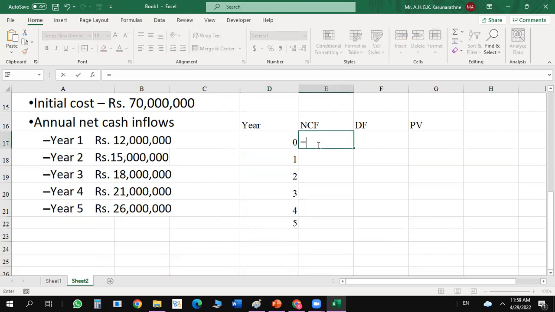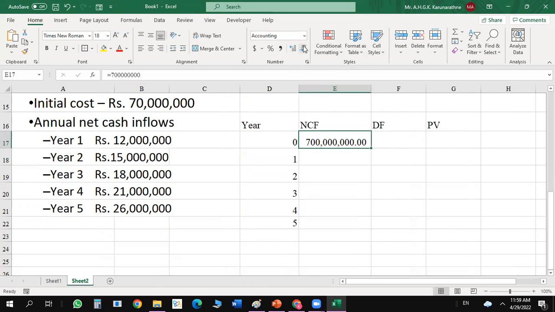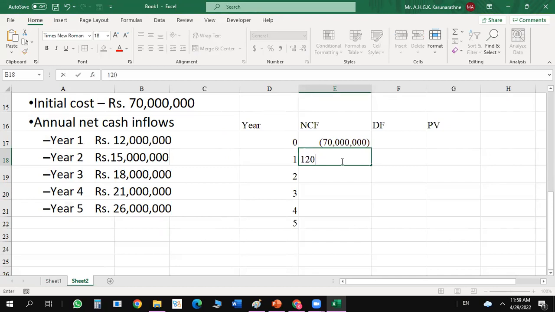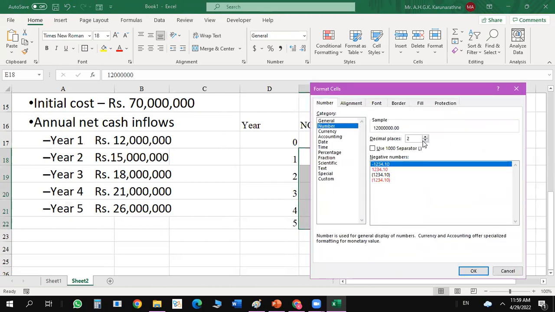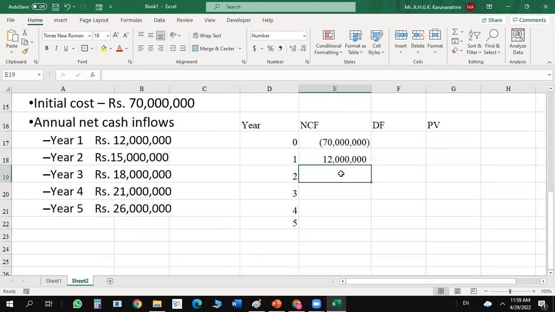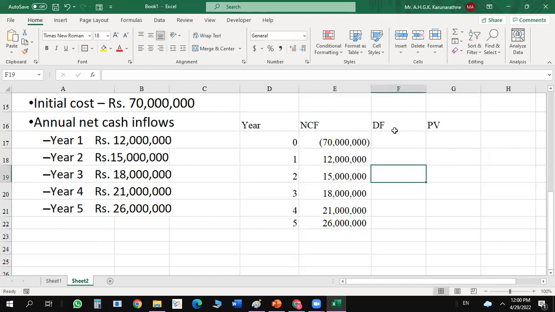Net cash flow at year 0 is minus 70 million, then cash inflows of 12 million, 15 million, 18 million, 21 million and 26 million. Right, so these are the cash flows.